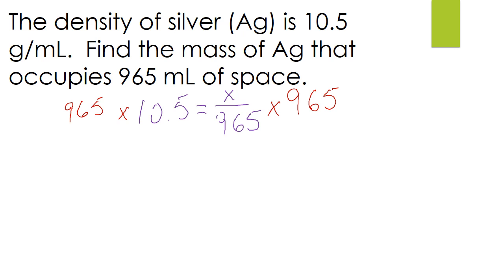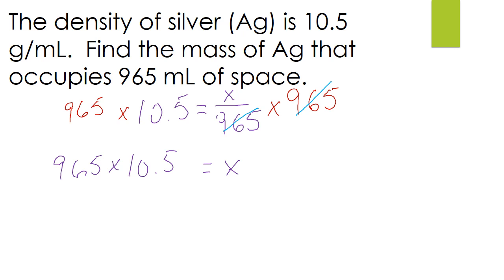My 965s are going to cancel out on this side, and I'm going to get X equals 965 times 10.5. Grab my calculator, 965 times 10.5.